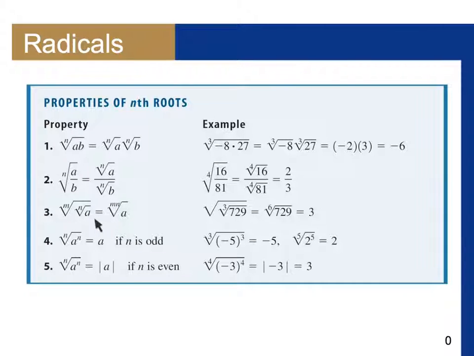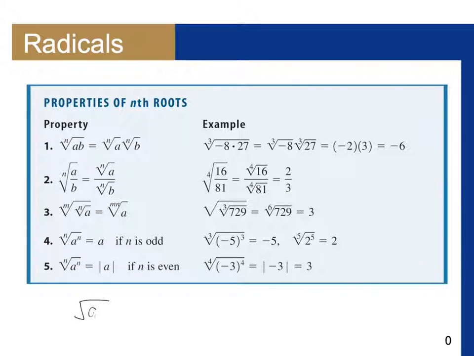This one's a little bit different, but if we're taking an nth root and then taking another root of that, we can combine those as a single root, multiplying. Okay, and I'll write a little aside here. We can write it like this.